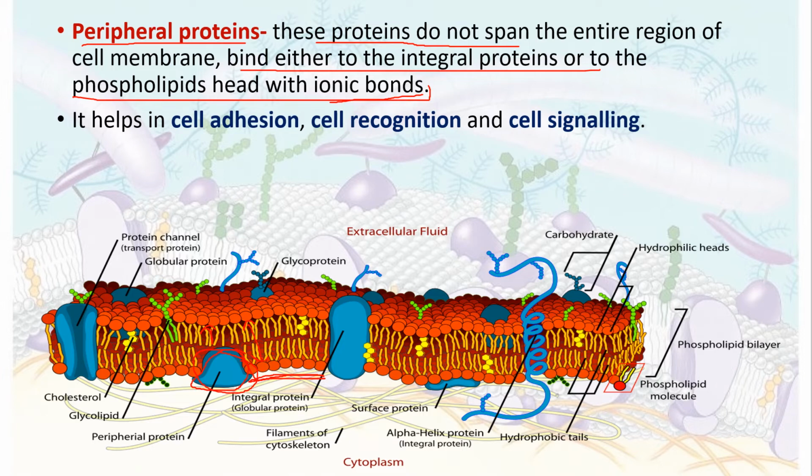These peripheral proteins can bind to either the phospholipid molecules or the integral proteins. Functionally, they help in cell adhesion, cell recognition, and cell signaling.